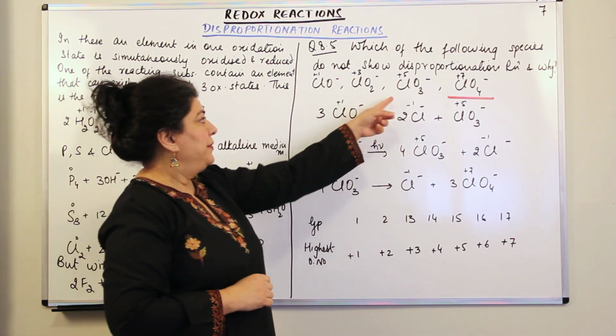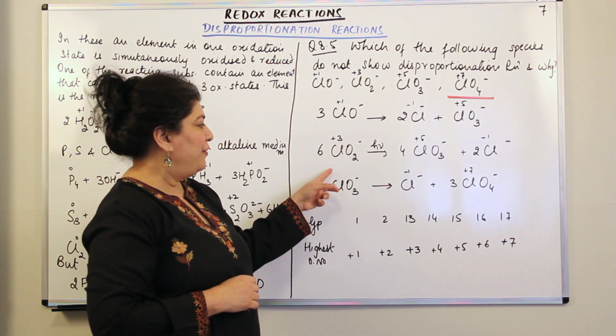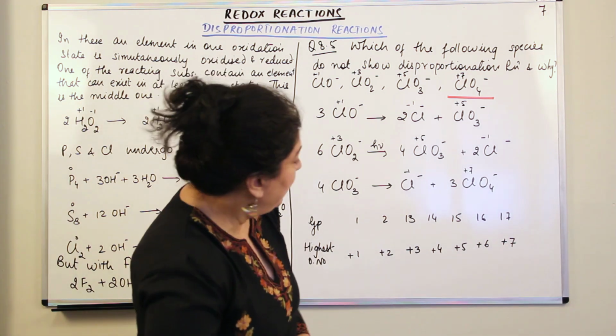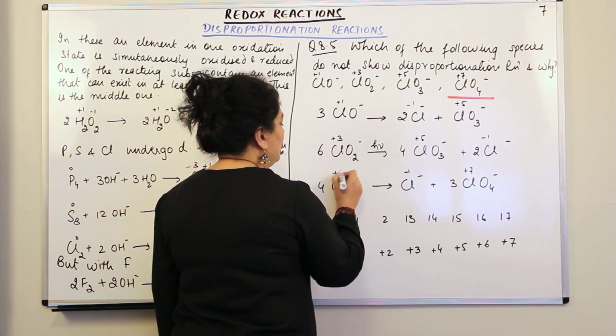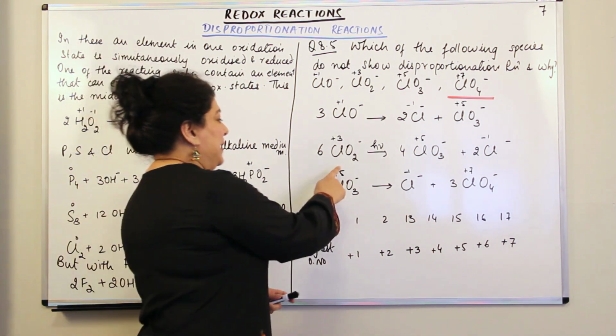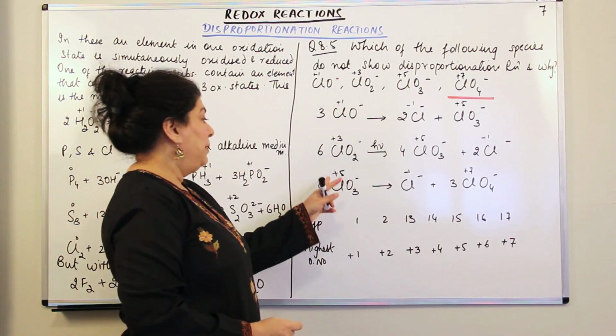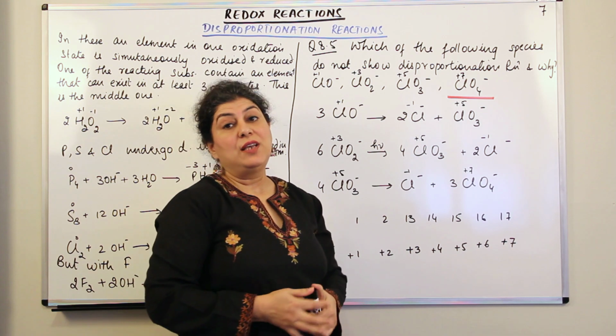Then in the next reaction, you take ClO3⁻, the charge on chlorine is +5, and it goes to -1 in Cl⁻, and for ClO4⁻, it goes to +7. Since going from +5 to -1 is reduction, and +5 to +7 is an increase in oxidation state, that is oxidation.